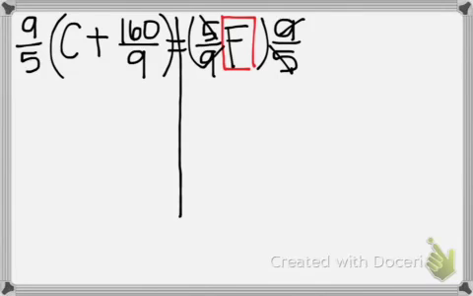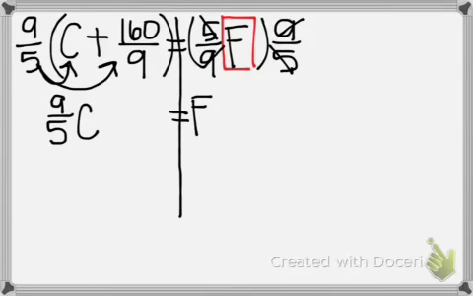So we're going to cancel out on our right side, so we're just left with F, and then distribute our 9/5 into our parentheses. 9/5 times C is 9/5 C. Let me go over to our side to work out 9/5 times 160 ninths.